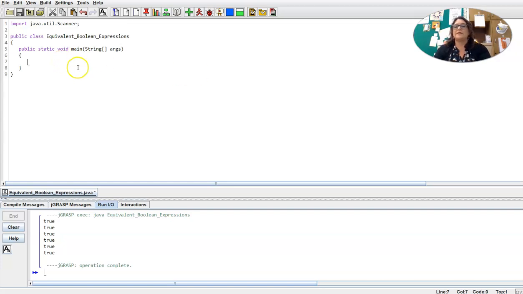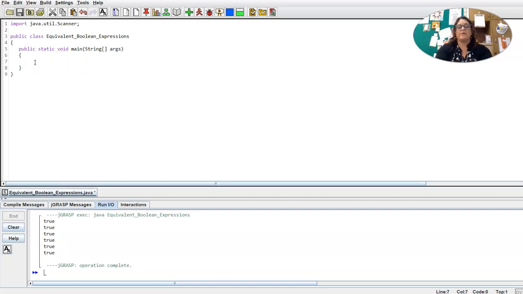Okay, so in this lesson, we're going to look at equivalent Boolean expressions. So let's start with a Boolean variable called homework done, and we'll let that be true. There we go. And another one that says room is cleaned, and we'll let that start out also as true.